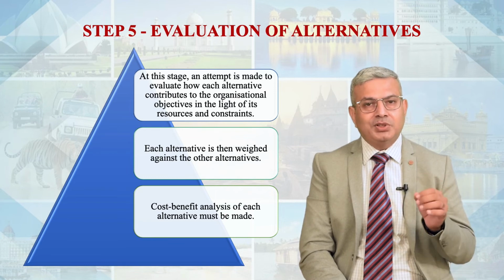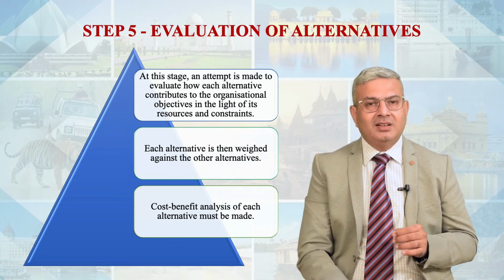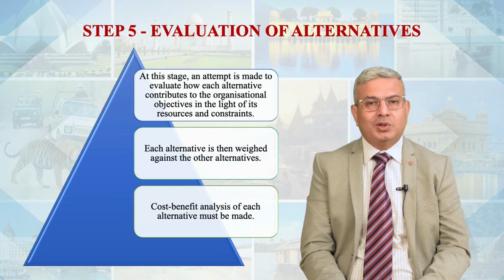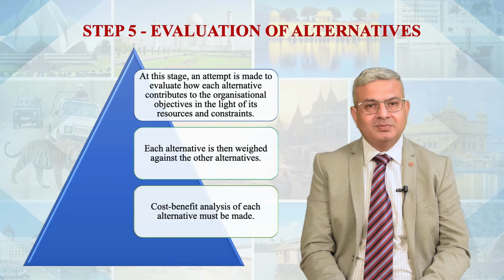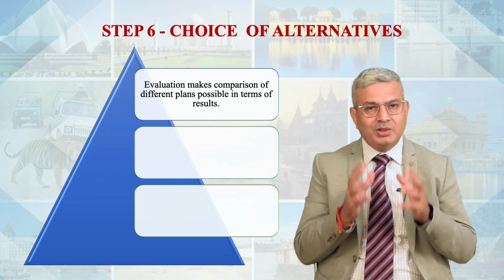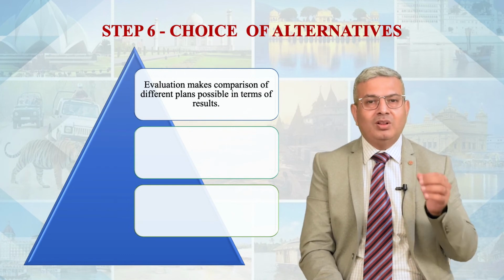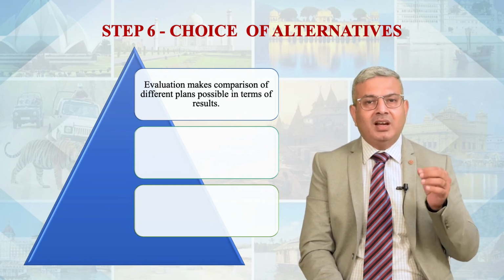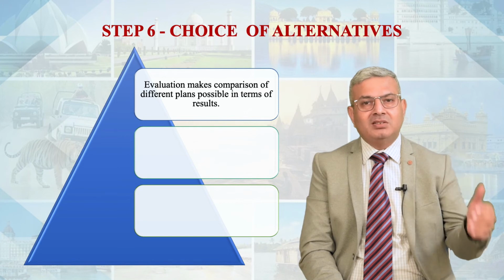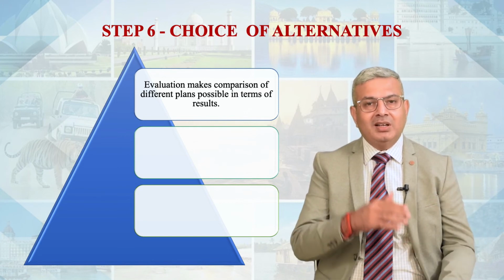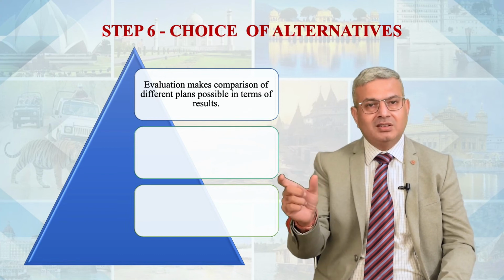Once the evaluation of options is done, we move on to step number 6, which is choice of alternatives. Dear students, evaluation makes comparisons of all the different options in terms of their expected result, which means each of the plan would ultimately help you to achieve a given result.